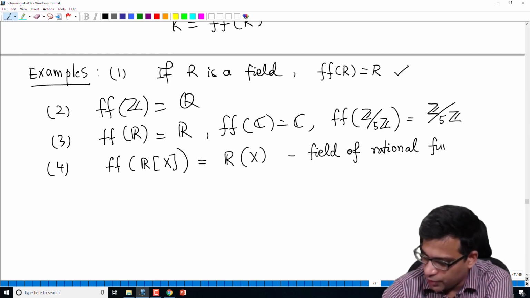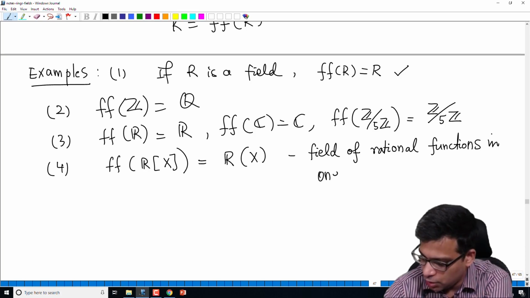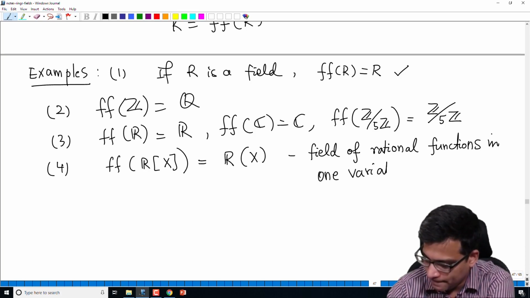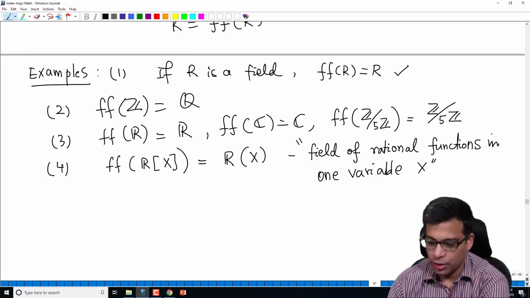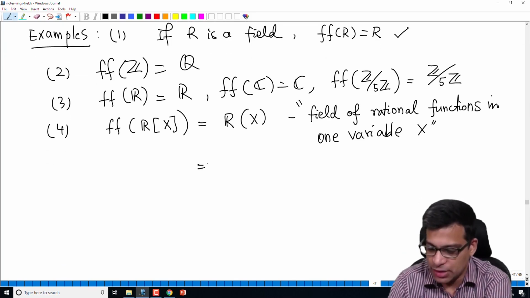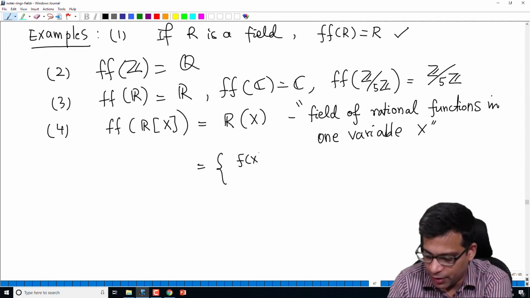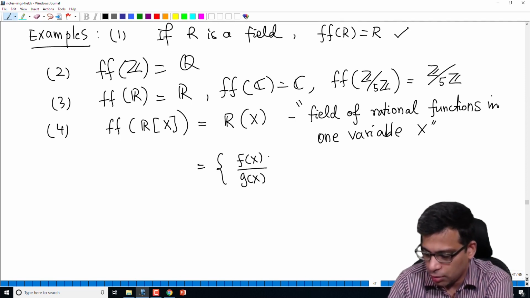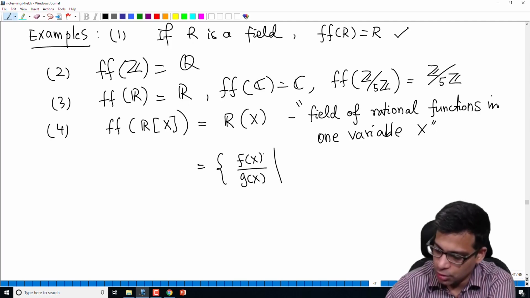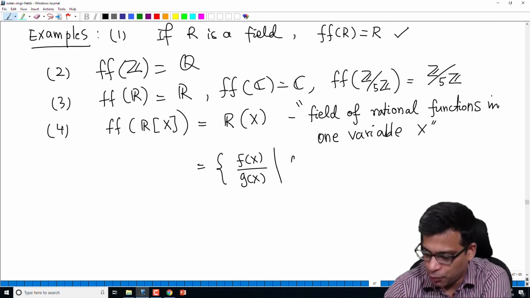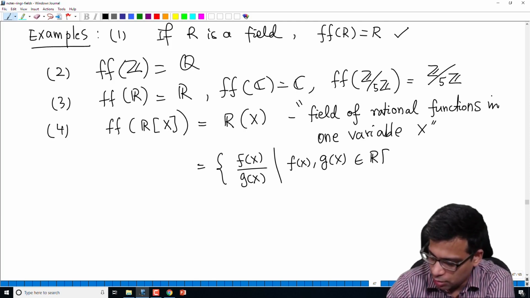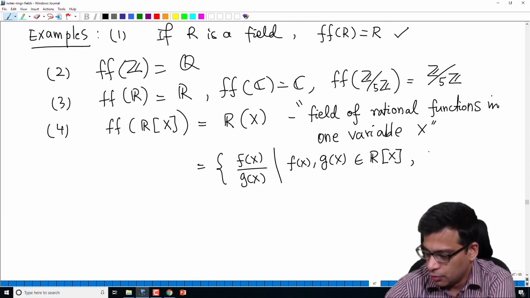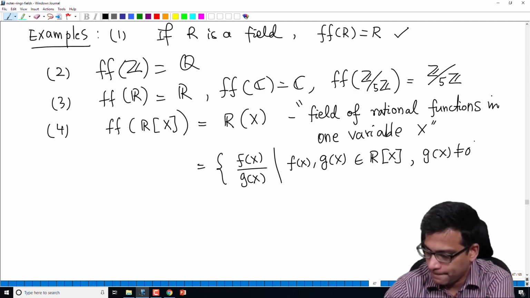This is called the field of rational functions in one variable X. By the definition of the fraction field, this consists of all ratios f(x) by g(x), where f(x), g(x) are polynomials in R[x], with of course g(x) non-zero.